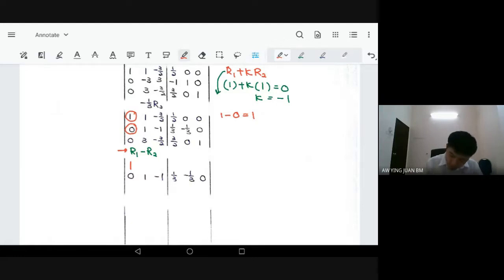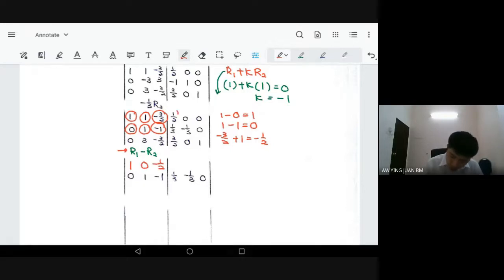Next, row 1, we have 1 minus the row 2. We have 0. Continue. Row 1, negative 3 over 2 minus the row 2. So where we have plus 1 equals to negative 1 over 2. So that will be the situation, negative 1 over 2.